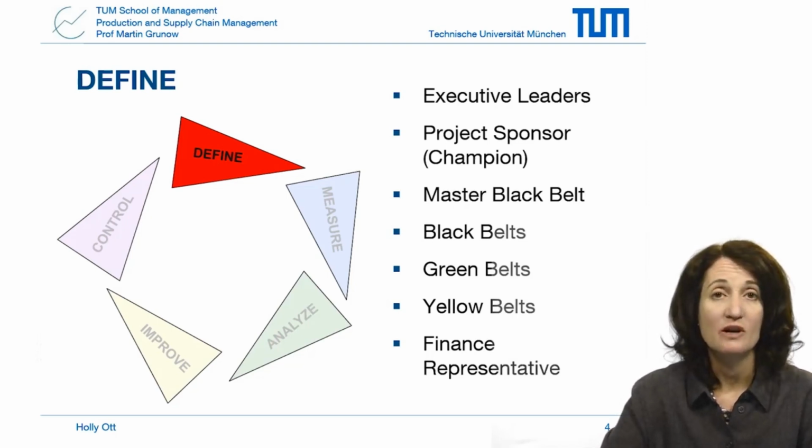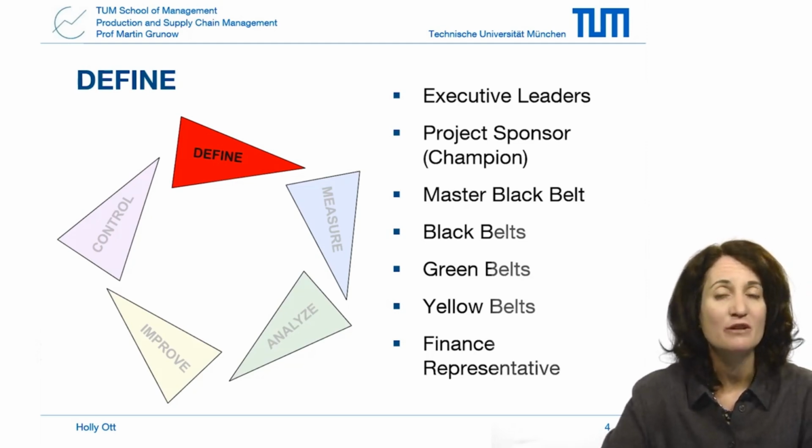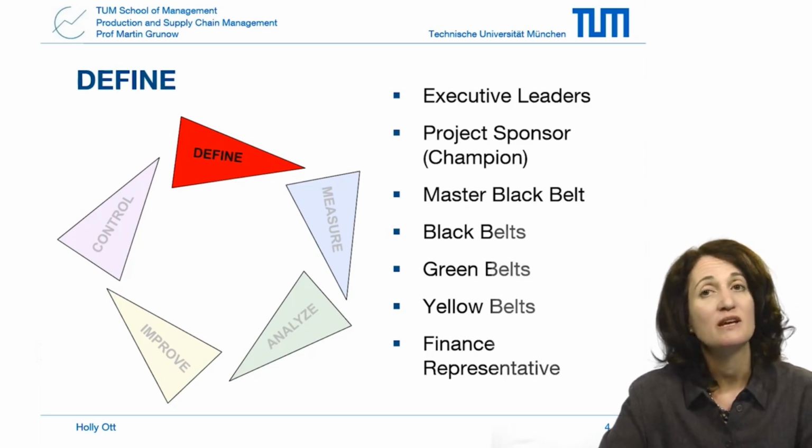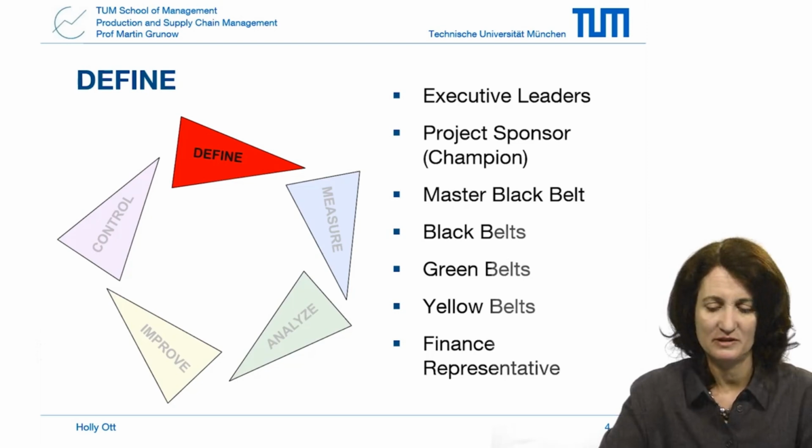The project sponsor, sometimes called the champion, would be then the line manager or owner of the process who identifies and prioritizes project opportunities. The project sponsor would then select projects, also help provide resources, participate in the project execution, and help to remove barriers.